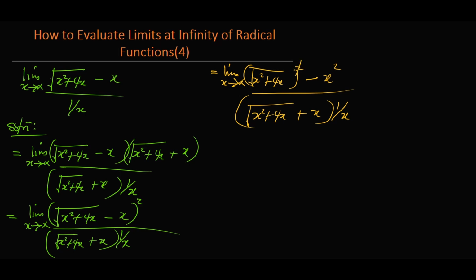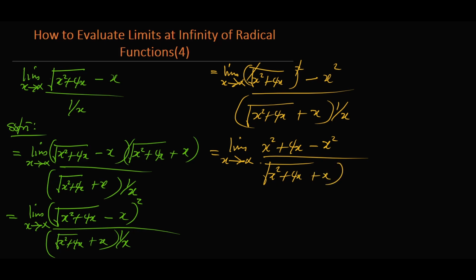From here, this can cancel out the root so that we have the limit as x approaches infinity of x squared plus 4x minus x squared all over root x squared plus 4x plus x all over x.